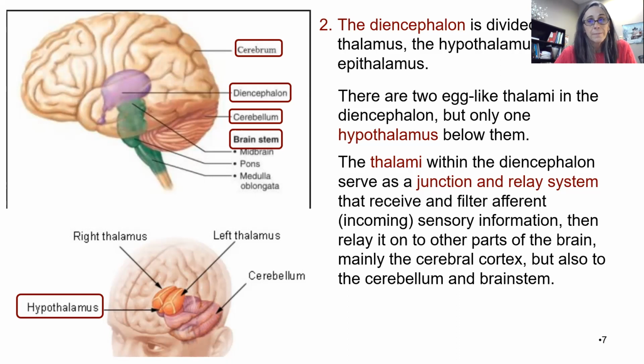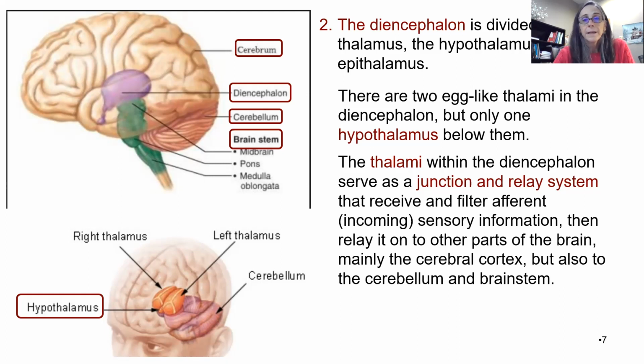The hypothalamus also contains the pituitary gland. Now the epithalamus, which is on the posterior side, contains a pineal body, which secretes melatonin.